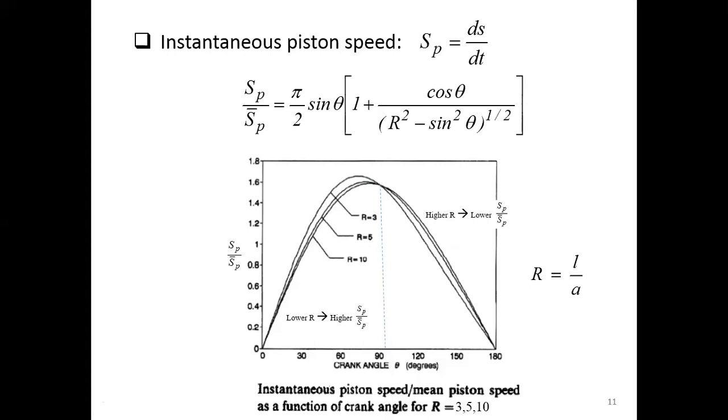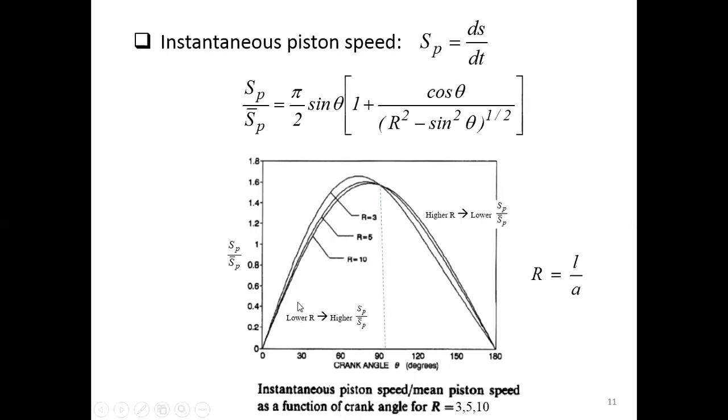That means a small engine will experience a lower ratio of the piston speed, which is good. And a bigger engine will experience a higher ratio of the piston speed, which is good for them. They can withstand it.